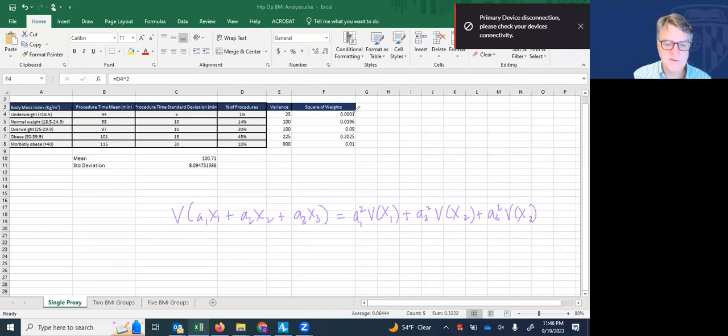So I need these squares. This is A1 squared, A2 squared, A3 squared, and I need those variances. So that's how I'm getting the variance of the weighted sum. And then, of course, you just take the square root of that to get the standard deviation.